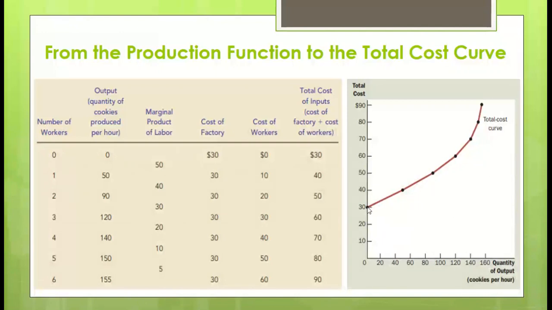Let's suppose we call this point A, and we can see this from the table as well. When the quantity produced is 0, the total cost of input is $30, and it's easily shown over here in the graph as well. If the quantity of output produced is 0, then against this point the total cost of input is $30.